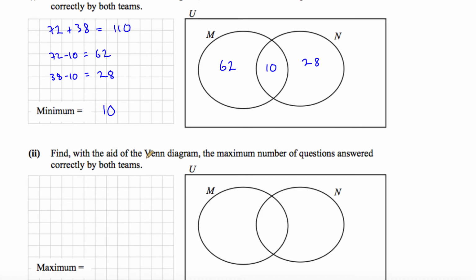So part 2 then says, find with the aid of the Venn diagram the maximum number of questions answered correctly by both teams. Okay.